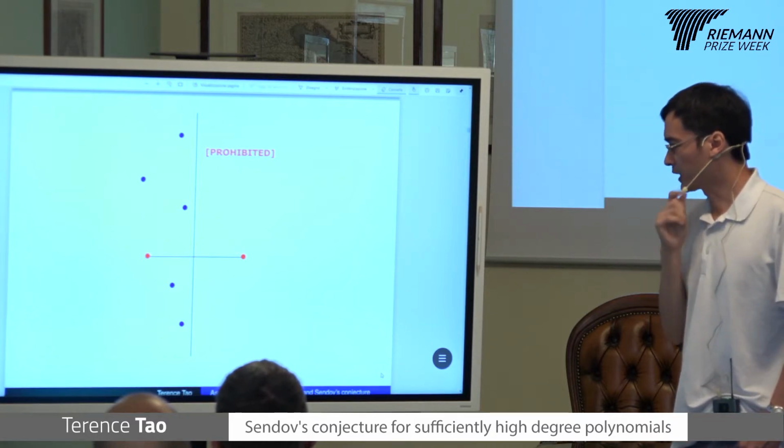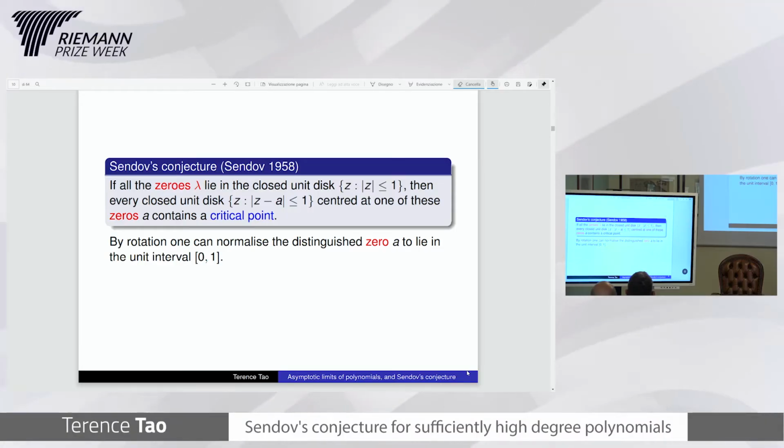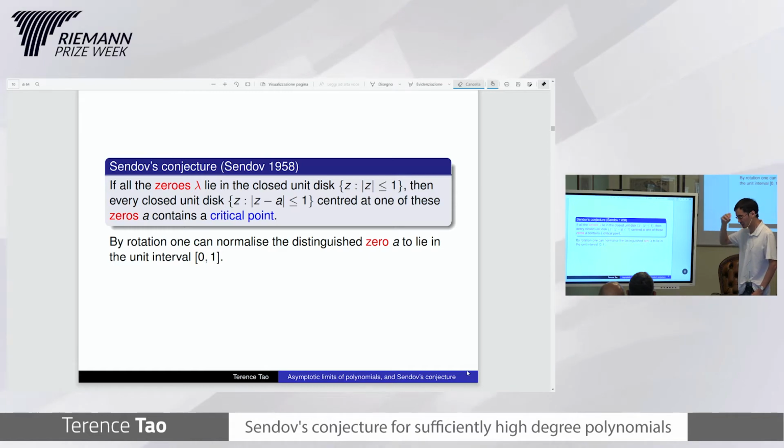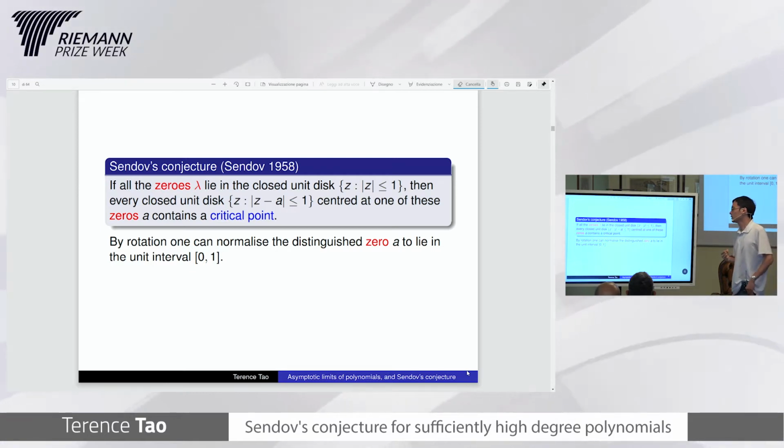Okay, next slide, please. Now I can go to the main topic of this talk, which is this conjecture of Sendov. Sendov did many explorations of zeros and critical points, and after a while, he found what he believed to be one of the sharpest statements you can make about them.